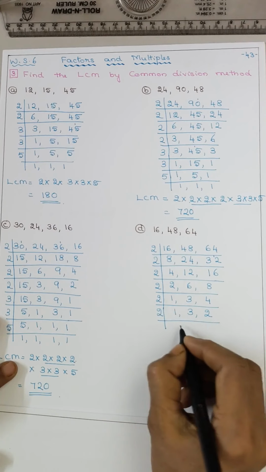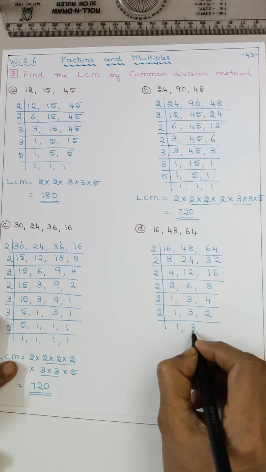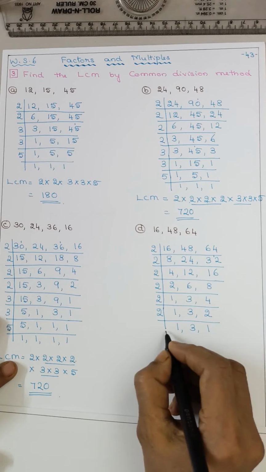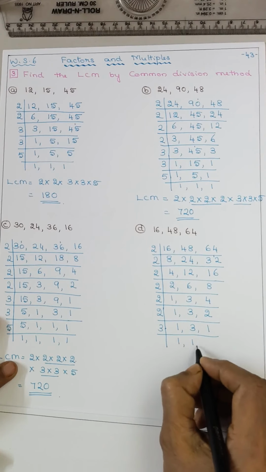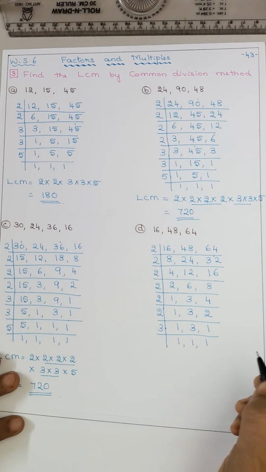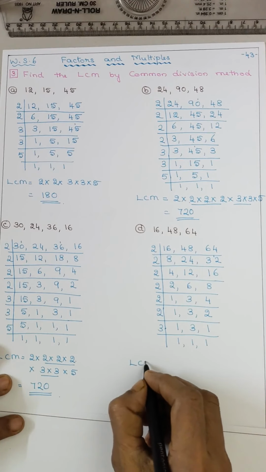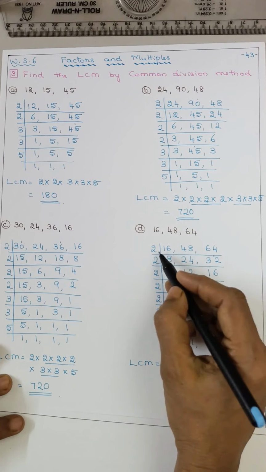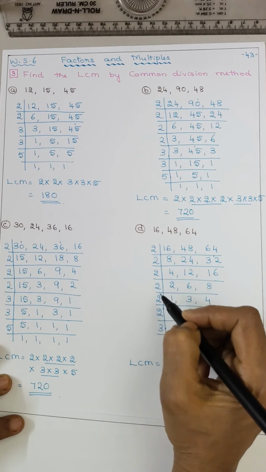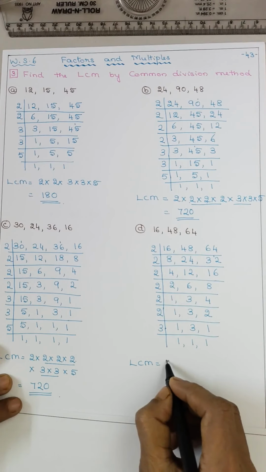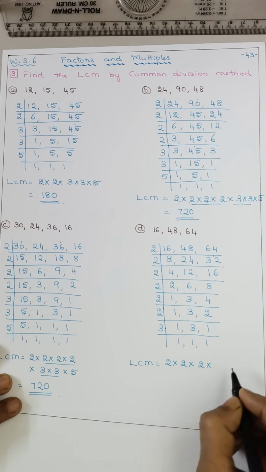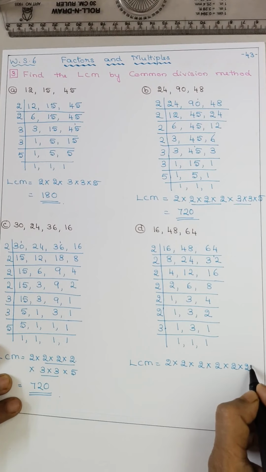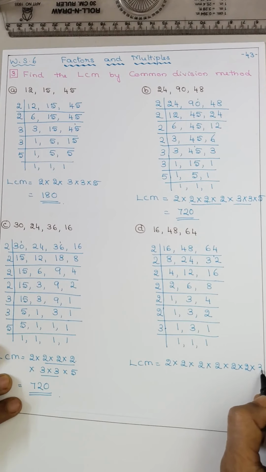Again 2, 1, 3 as it is, 2 1s are 2. Now it is 3. 3 1s are 3, 1. So LCM is equal to 2 6 times and 1 time 3.